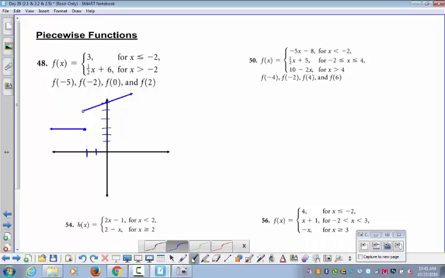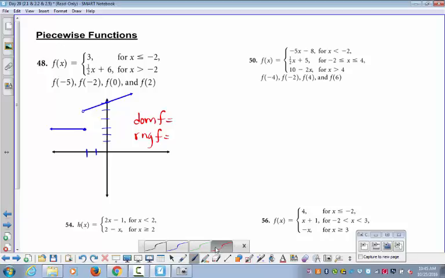Okay, let's make sure this is clear. What is the domain of this function? And what is the range of this function? Domain of f? All real numbers? Does everyone agree with that? It's all reals because there's no x value that's missing.